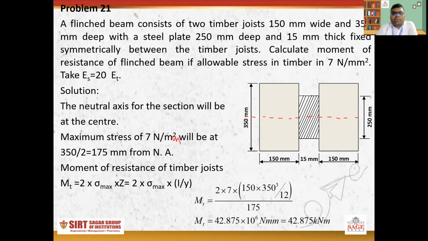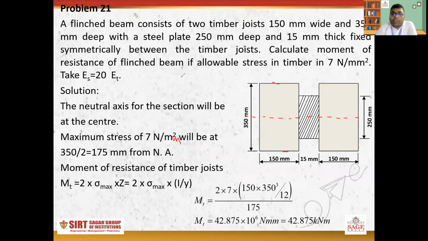Where will it be the highest? At the top or here on both sides? It will be on the top side. Okay. So the maximum stress of 7 Newton per square mm will be at half of this 350. So how much is it? 175 from the NA, meaning the neutral axis.